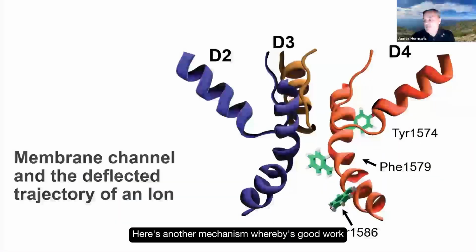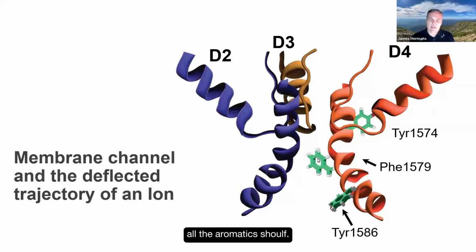And here's another mechanism whereby this could work, and this is the proteins in a sodium channel, the molecular structure. And in the gate is the amino acid phenylalanine. And that's a major part of the gate, and that's very susceptible to diamagnetic anisotropy. All the aromatics are.